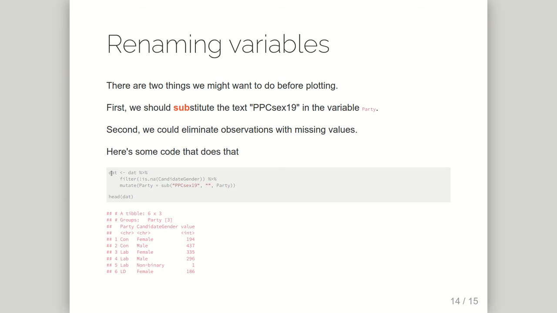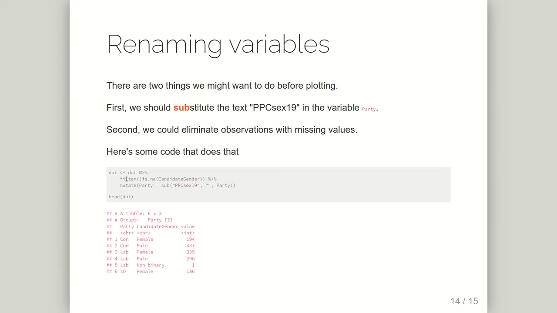So what we would do, we would overwrite the existing object dat and set that to be the result of taking that, piping it to the filter command and saying, take everything which is not NA. So that exclamation mark there, that's just saying not. So if something is not NA for candidate gender, that's good. We want to keep that in.